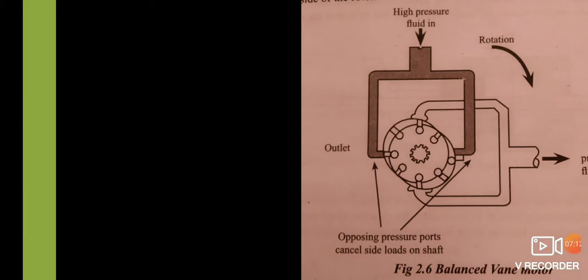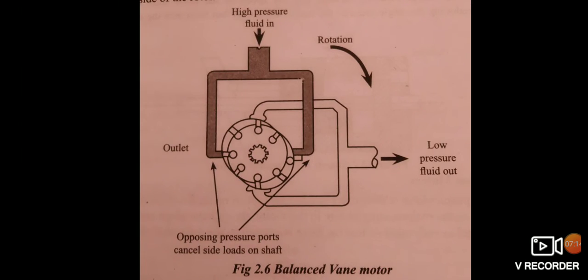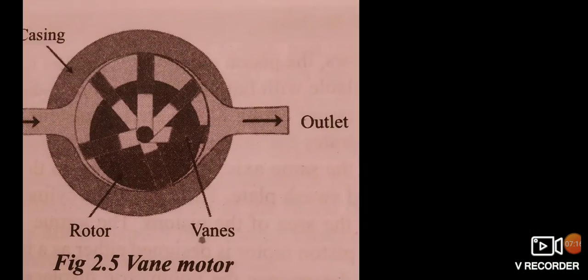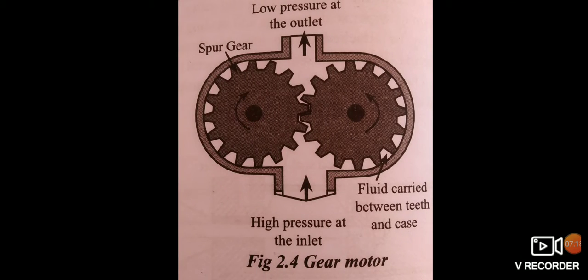Now, the gear motors are very similar in design to gear pumps, but motors are usually designed to have a case drain port and a reversible direction of rotation. A gear motor develops torque due to hydraulic pressure acting against the area of one tooth.